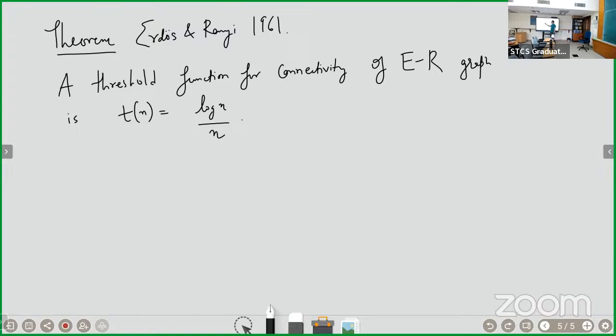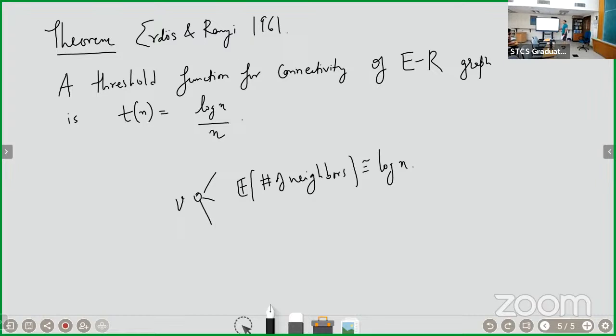The expected number of neighbors for each vertex is just log n on average. There are n minus 1 other vertices. The probability with which you can connect is log n by n, so the expected number of neighbors for any vertex V is roughly log n. That is sufficient for connectivity. For percolation, we'll see that expected degree greater than 1 is sufficient.